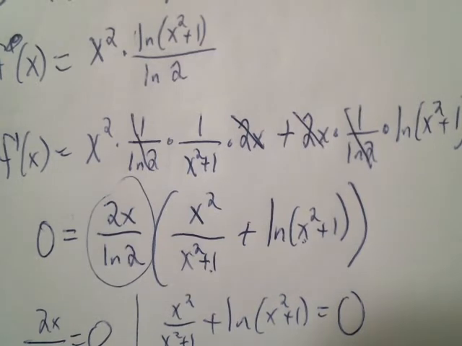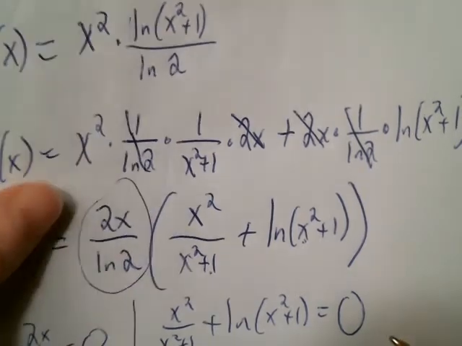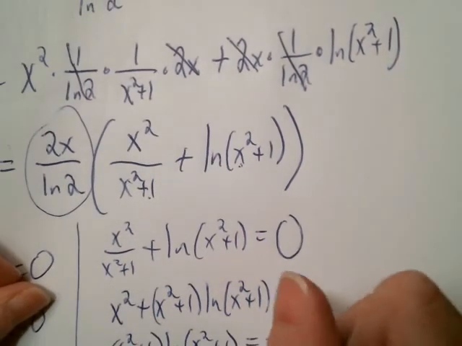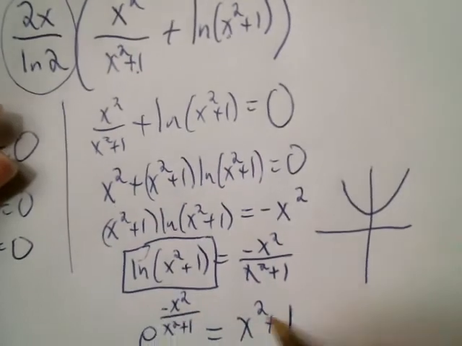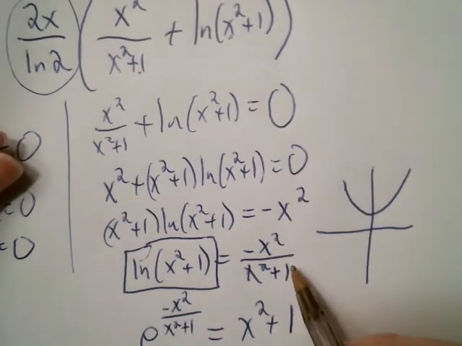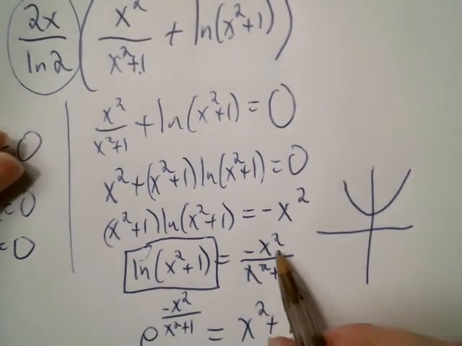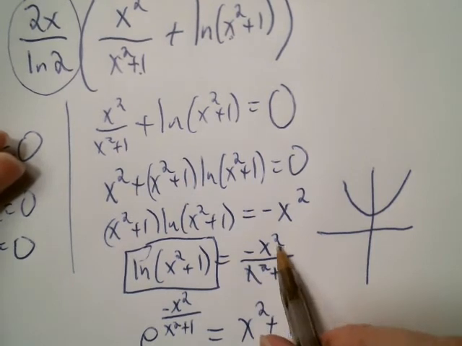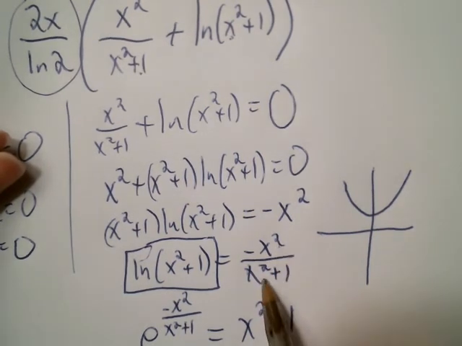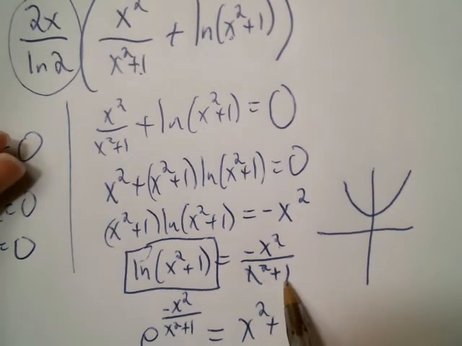Not stupid, but it's probably that there's no way to get a negative out of this natural log. And yeah, that's going to be the key there. This thing right here is always going to be greater than 0. So you can't get a negative thing out of it. The numerator is going to be positive because of the x squared. The denominator is going to be positive because of the x squared plus 1.